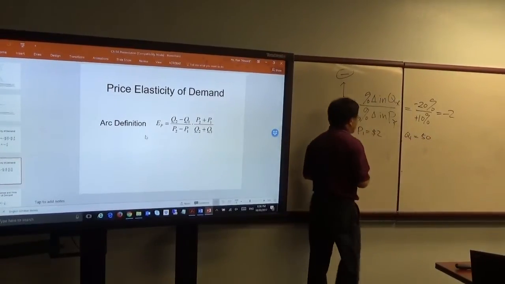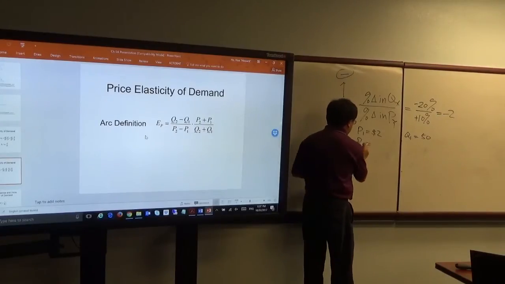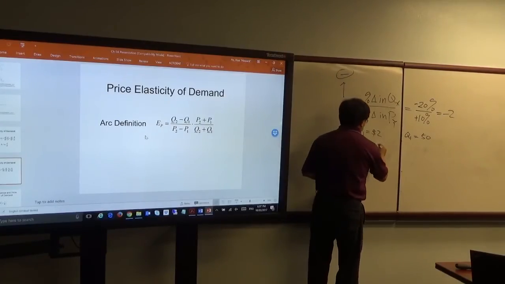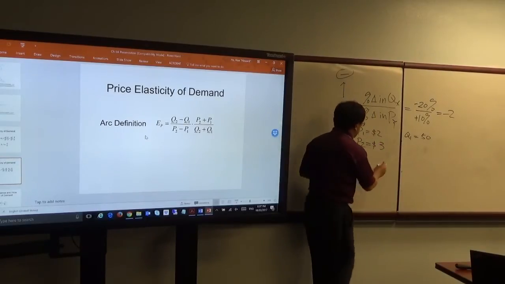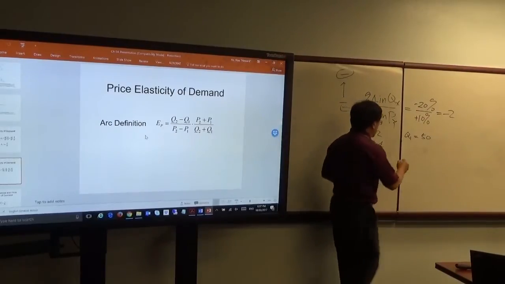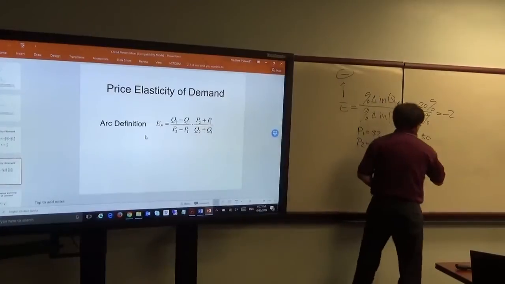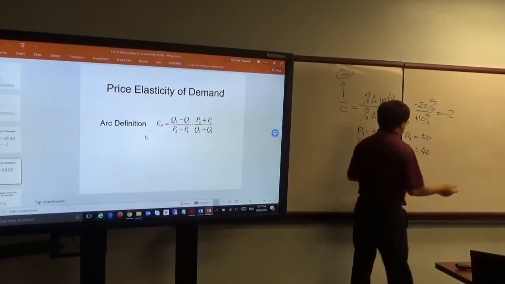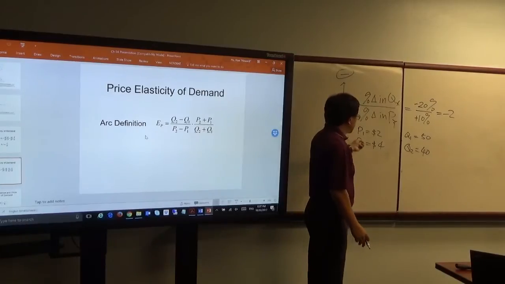Now the price increases. P2 is $4. The quantity demanded will decrease, right? It will decrease to 40.